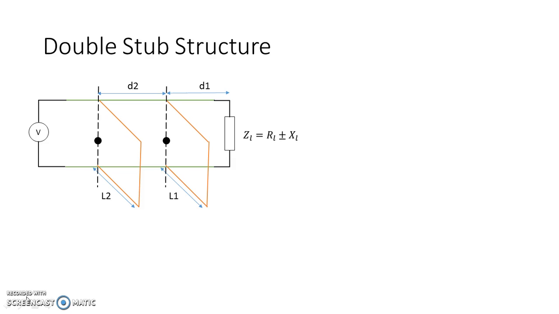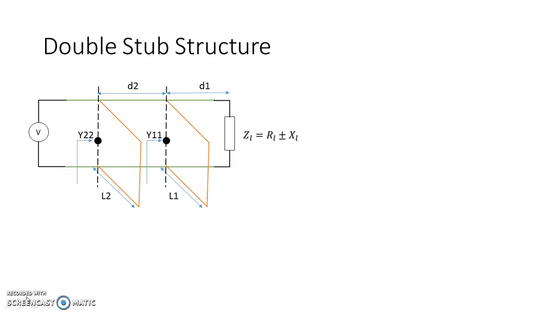We will analyze the signal at two basic points, which are shown with the dark spots over here. Because we are dealing with shunt stubs, instead of working with impedances, we will work with admittances. Therefore, we will evaluate the admittance at the interface of the first stub, which is called Y11, and at the interface of stub 2, which is called Y22.